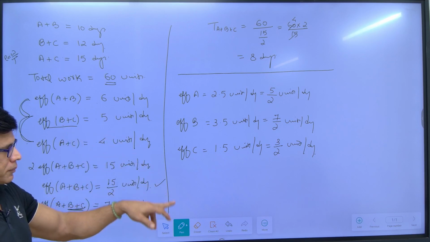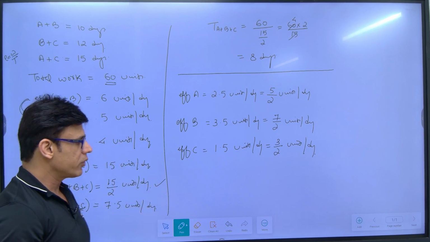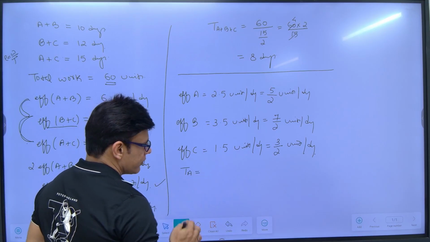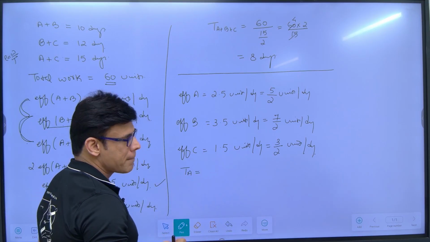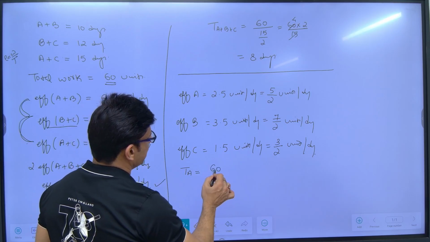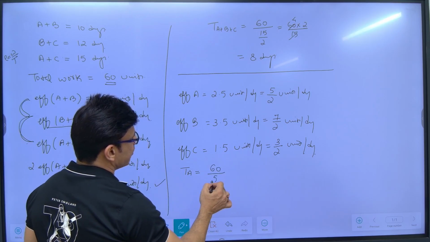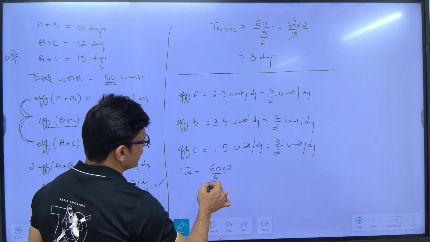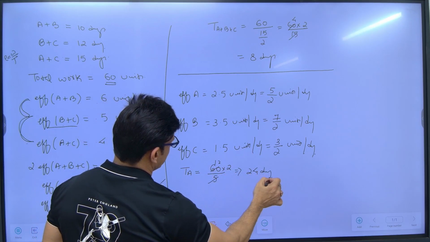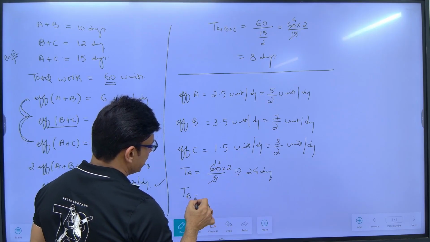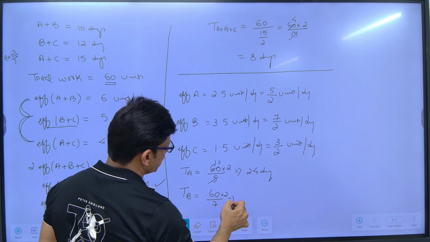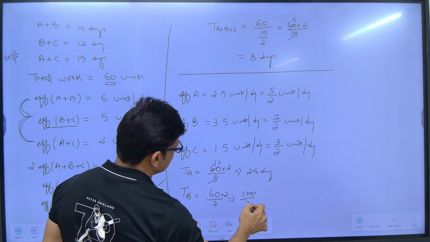Now, if I have to find out the time taken by A, it is 60 divided by the efficiency of A, which is 5 by 2. The 2 will go up. How much? 24 days. Time taken by B: 60 divided by 7 by 2, which will be 120 by 7 days.